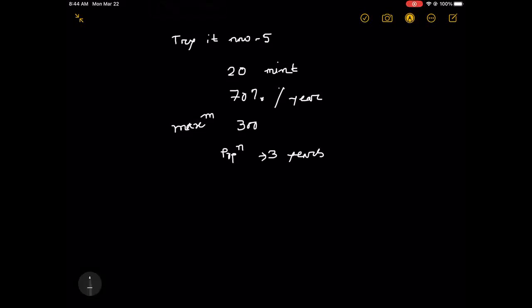We know what the logistic model looks like. Now we'll use this information to set up the model, and then solve it and find the number of mint plants in the next 3 years.